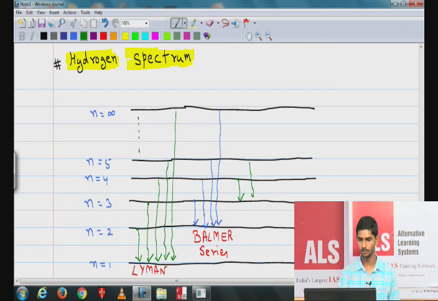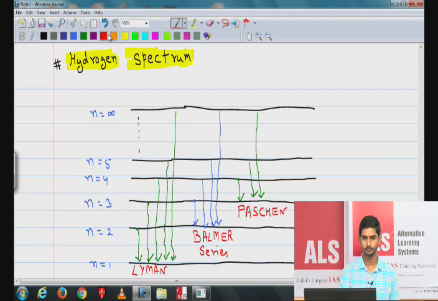Let's suppose 5 to third, and let's suppose infinity to third. So what we have concluded is that again it doesn't matter from which state the transition starts, but it finally ends up at the third orbit. So if this condition is satisfied, we will say it is the Paschen series. P-A-S-C-H-E-N. This is your Paschen series.